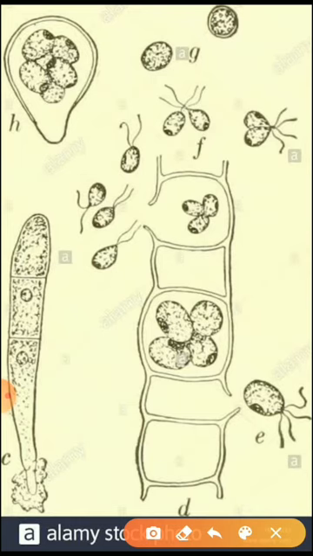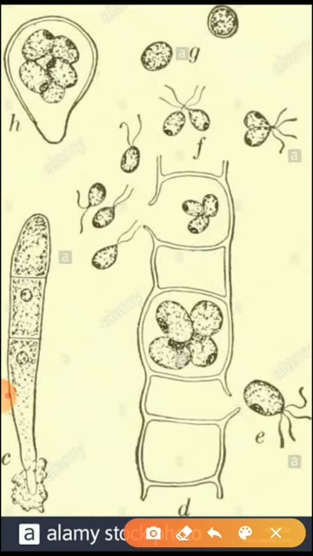These are formed in certain algae, like Chlamydomonas, Ulothrix, Oedogonium, and fungi like Albugo and Phytophthora.